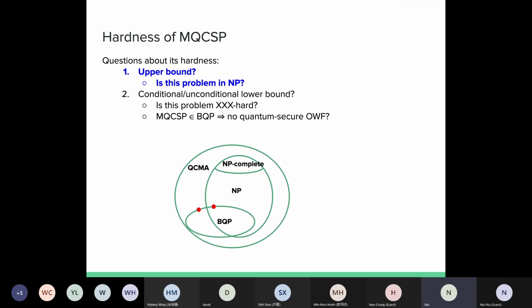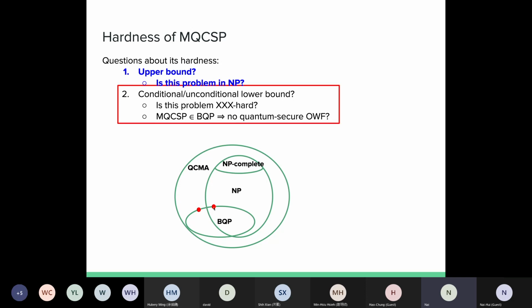So then let me go to considering the hardness of MQCSP, for a conditional lower bound. We just talked about the upper bound. We said that we can make this problem to be in QCMA, so it cannot be much harder than QCMA. But we are considering the lower bound right now.